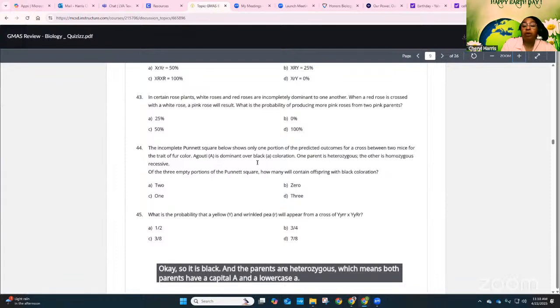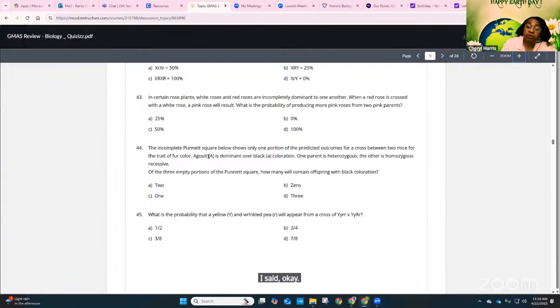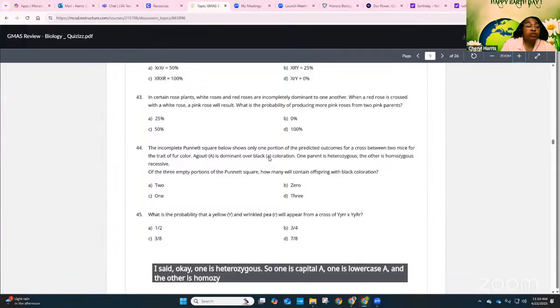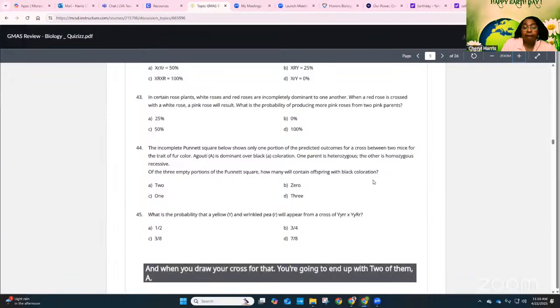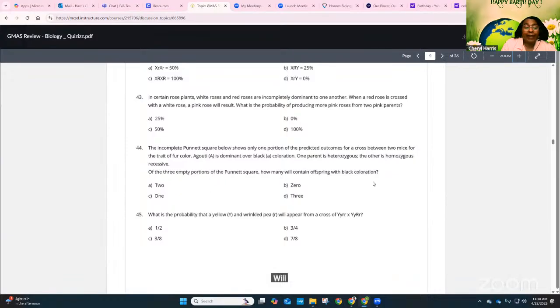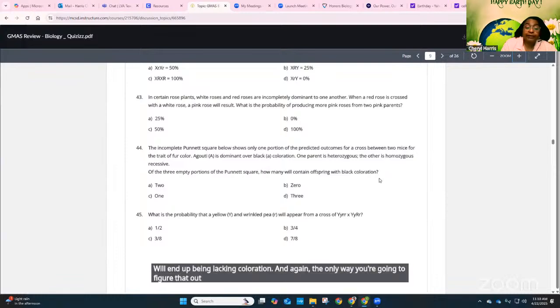I said, okay, one is heterozygous. So one is capital A, one is lowercase a, and the other is homozygous recessive, which means they are both lowercase a. So you draw your cross for that. And when you draw your cross for that, you're going to end up with two of them will end up being black in coloration. Okay. And again, the only way you're going to figure that out, I mean, you can try and guess it out. The best way to figure that out is to draw the Punnett square.